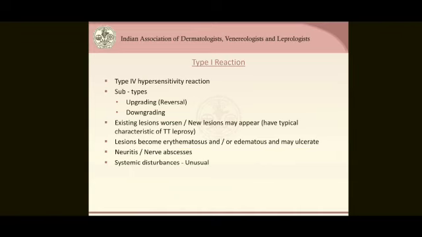So lesions may become erythematous, edematous and a few may ulcerate also. Neuritis is a definitive feature along with sometimes nerve abscess. Systemic disturbances are very unusual in type 1 reaction.